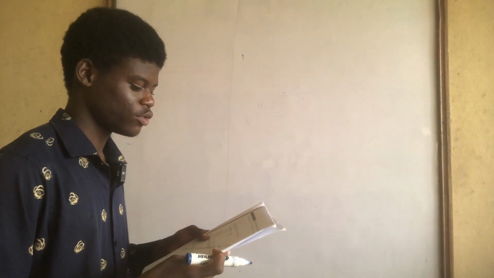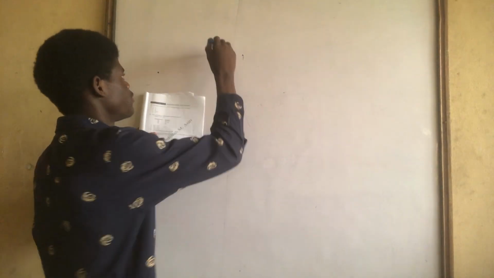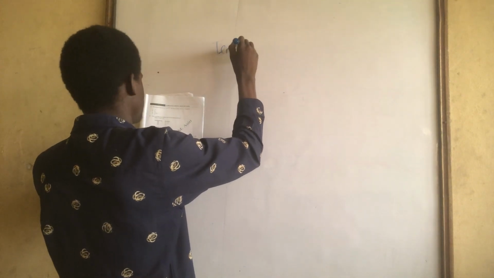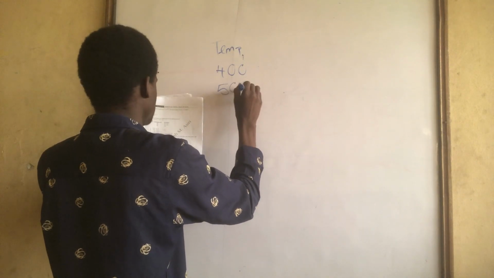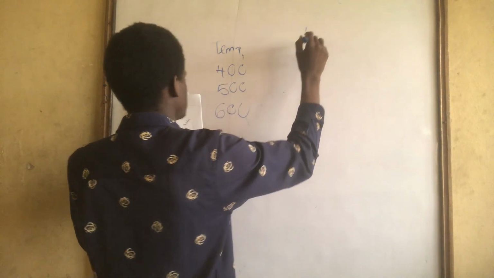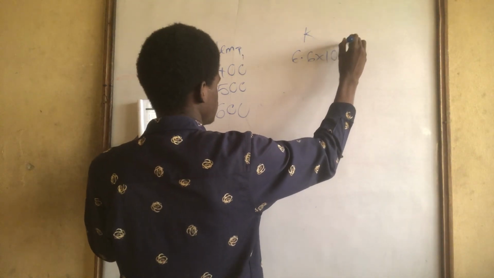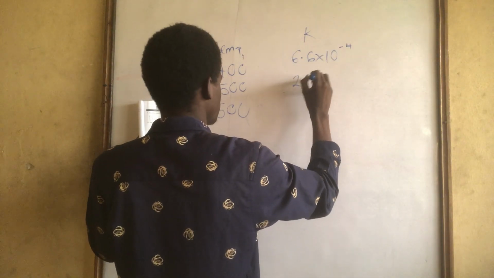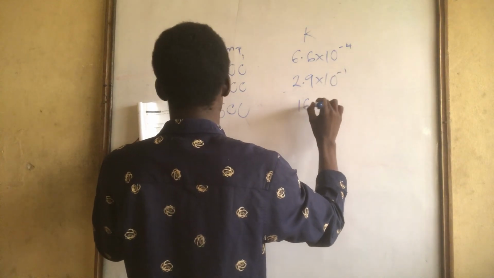Question number 46, they ask what is the slope of an Arrhenius plot for the following equation. They give us the data. They gave us some values of temperature: 400, 500, then 600. Then they gave us the rate constant as 6.6 times 10 to the power minus 4, 2.9 times 10 to the power minus 1, and 16.3.